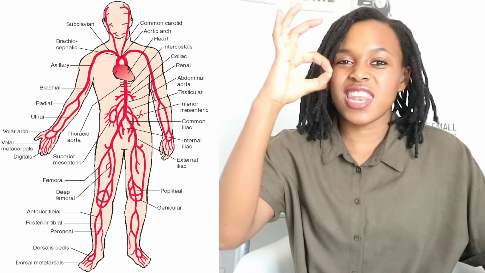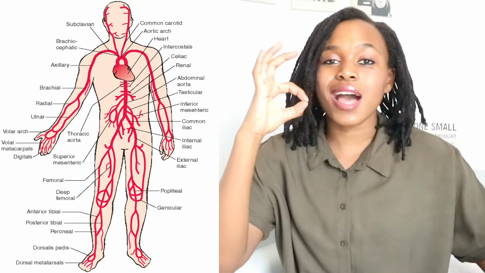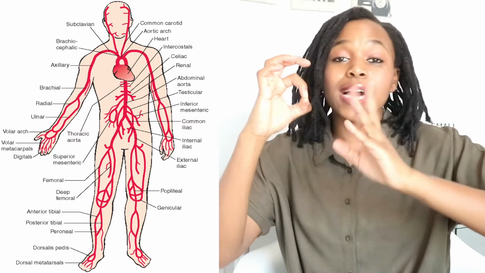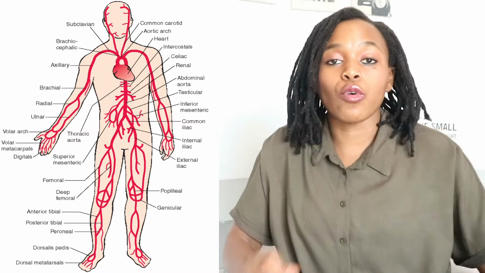But generally it is a nice round circle around the entire body that has nutrients, blood, oxygen, and so forth running through them.